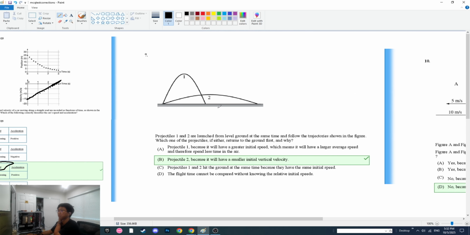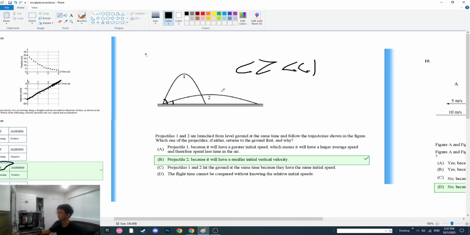And for number 7, the projectiles 1 and 2 are launched from level ground at the same time and follow the trajectory shown in the figure. Which one returns to the ground first and why? So in order to find how long it's in the air, we would look at the launch angle, and you can see that angle 2 is less than angle 1.